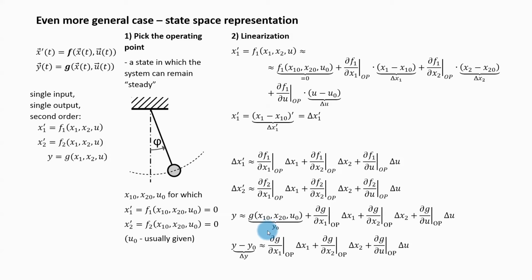This y0 I will put to the left hand side, and on the left hand side I will denote this difference as delta y, which will correspond to some small deviation around the operating point at the output. At the end, this will be my linearized state equations, and this will be my linearized output equation. If you wanted to put this state space description into the matrix form, for example to find a transfer function of the linearized system, you can write it like this.